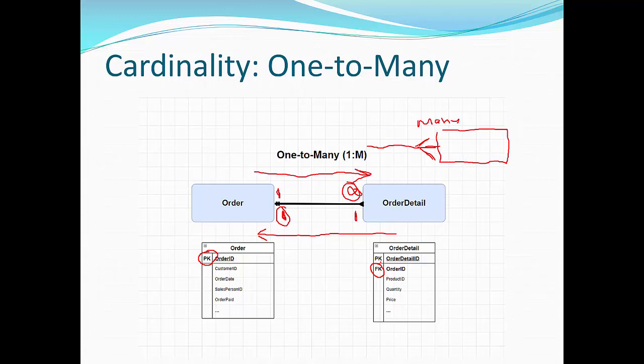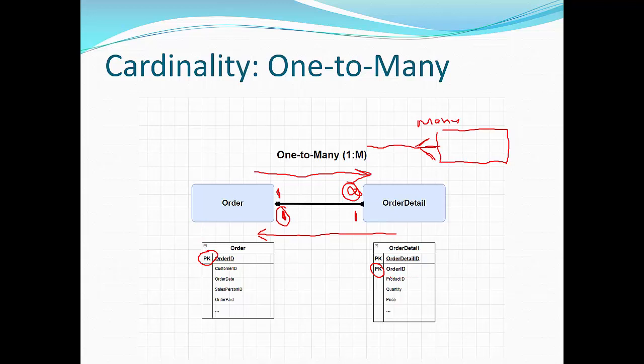So now we know how the order is related to the order detail. If we see any item in the order, the order detail will have that same order ID as its foreign key, so we can track whatever is in our order to the details of that order.